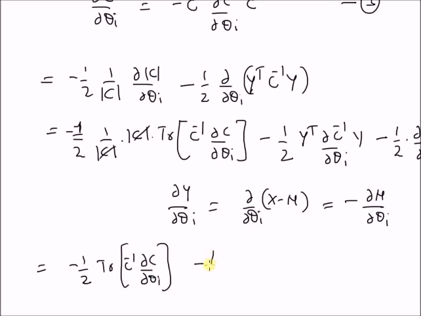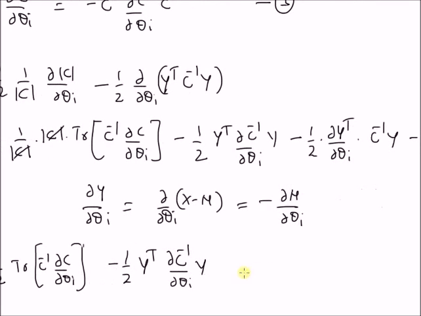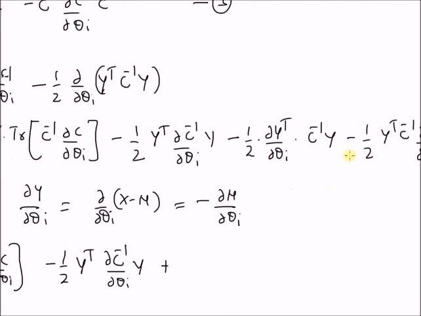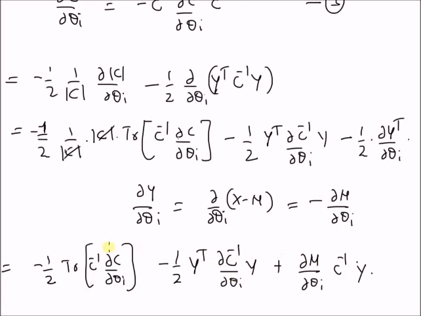The second term is minus 1 by 2 y transpose derivative of C inverse with respect to theta i multiplied by y, minus of minus plus, and there are two terms, so we have 2 times 1 by 2, which is 1, and then the derivative of mu with respect to theta i, and then C inverse y. So the combination of these three terms becomes the first derivative of the log likelihood function with respect to parameter theta i.